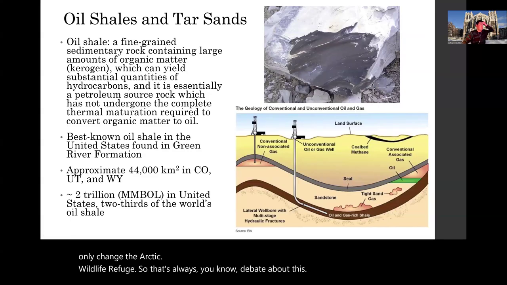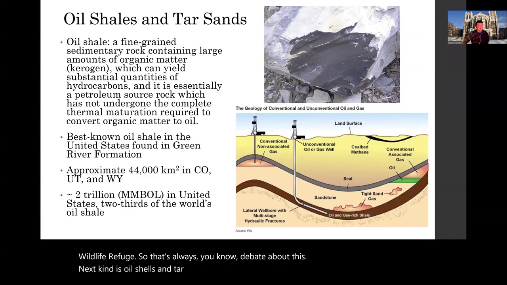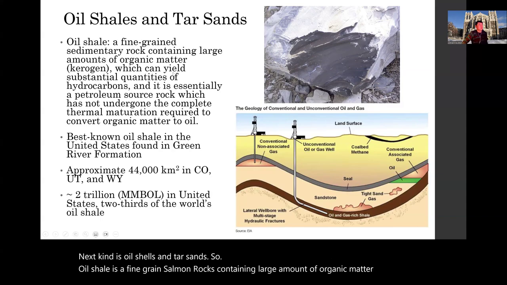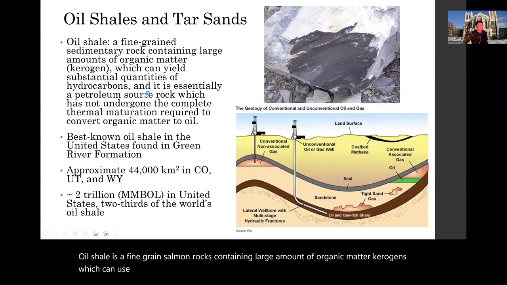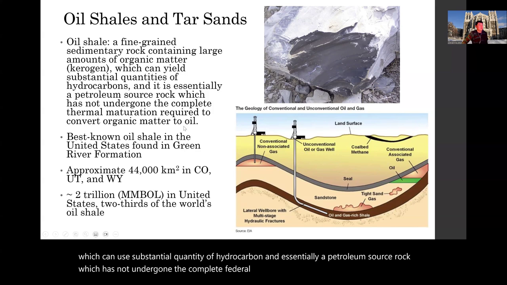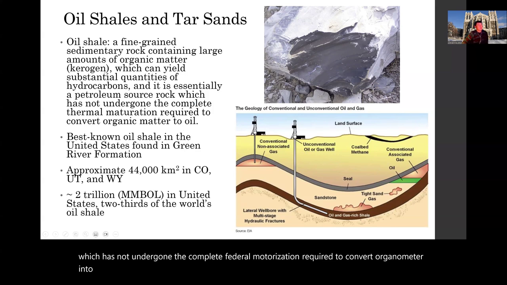Next kind is oil shales and tar sands. Oil shale is fine-grained sand and rocks containing a large amount of organic matter, kerogen, which can give a substantial quantity of hydrocarbon. It is essentially a petroleum source rock, which has not undergone the complete thermal maturation required to convert organic matter into oil, and instead it has been stored in shale rocks.